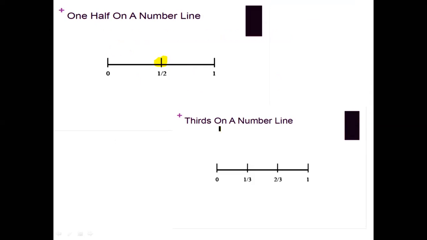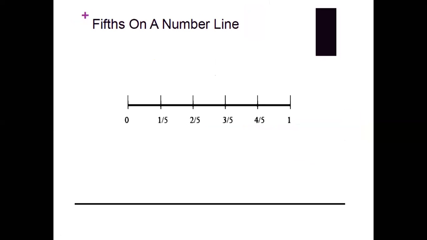And if we talk about thirds on a number line, that means I will divide the space between 0 up to 1 into 3 parts. This is 1/3, 2/3, and this is 3/3, which is a whole. Guys, if the numerator and denominator are equal, that means we have 1. So 3/3, 2/2, 4/4, all of these numbers represent 1.